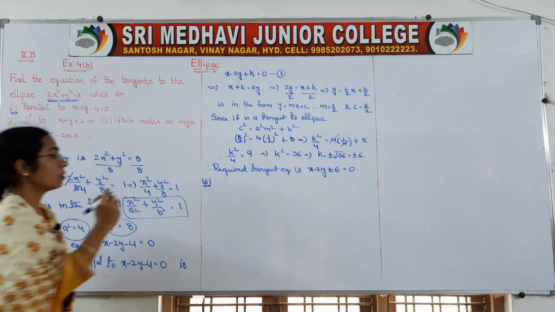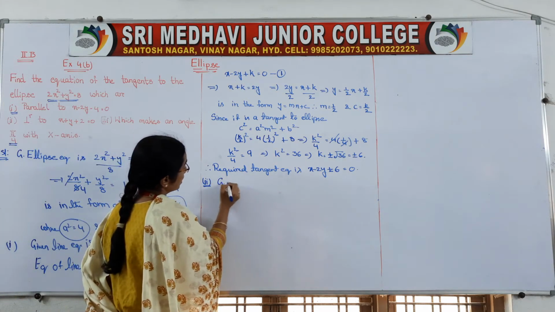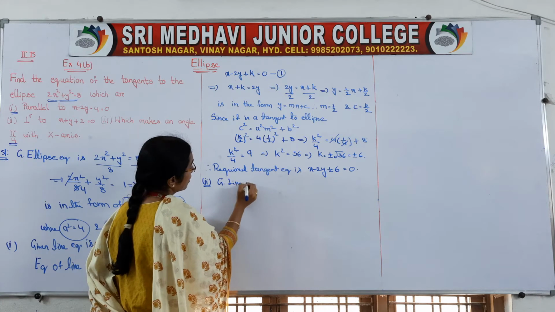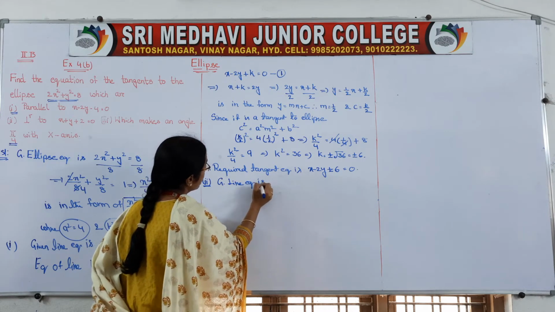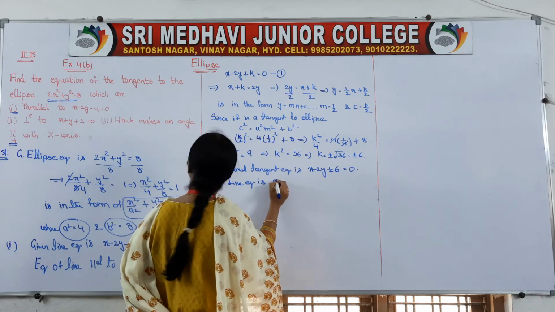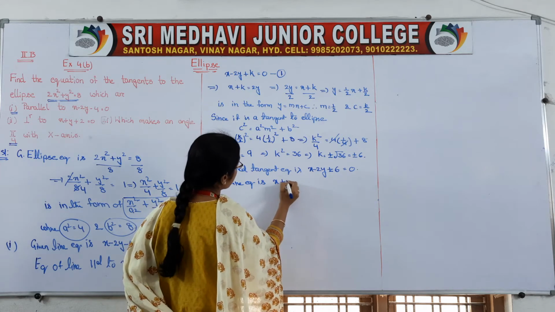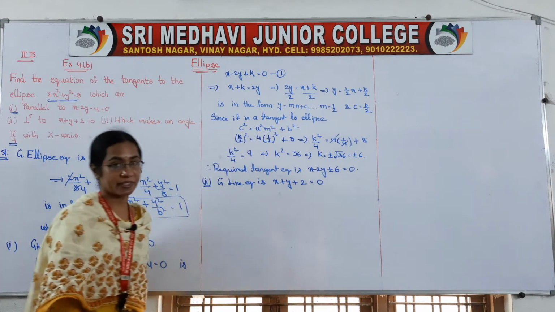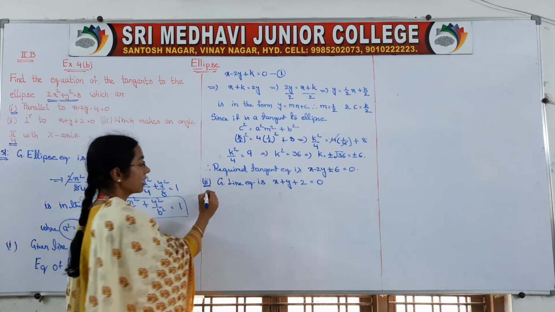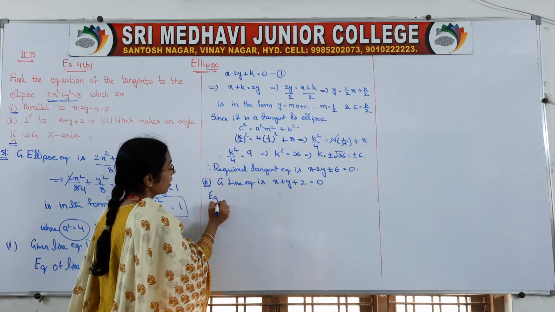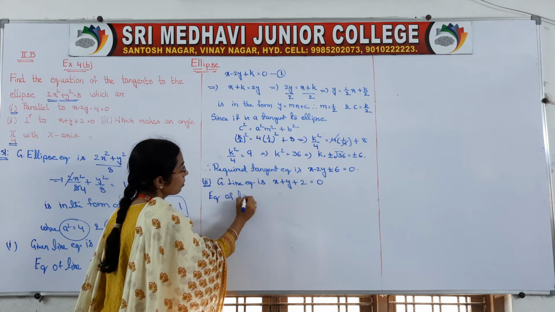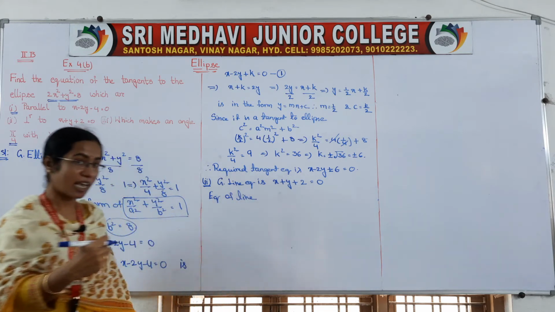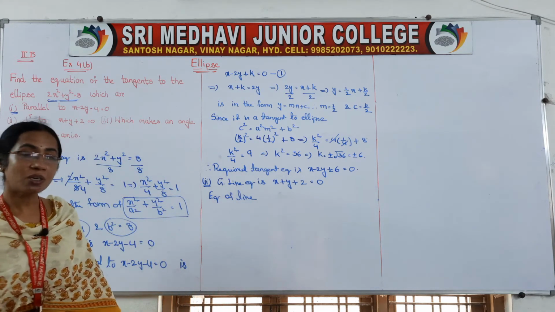Okay. So, given line equation is, what is the given line equation? x + y + 2 = 0. So, our tangent is perpendicular to this line.